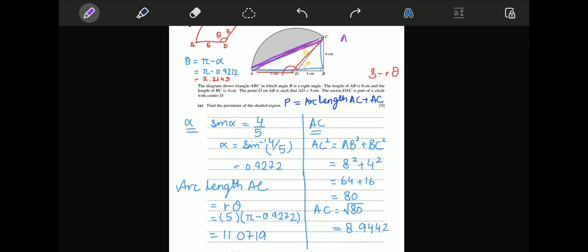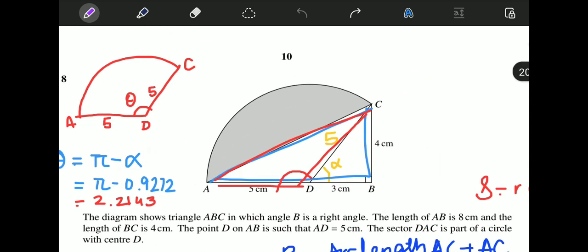So applying this Pythagoras theorem, secondly we have to find the arc length AC, and for that we need the angle subtended by this sector at the center. We can't directly find this angle, we need to find this alpha, because we can find this easily, and then we'll do a 180 minus alpha or pi minus alpha.